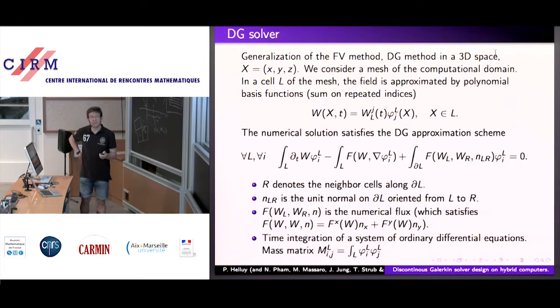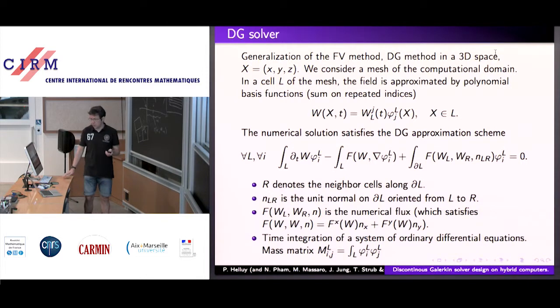And because I am lazy, I have not distinguished between W and its approximation. So no problem for me, I write this. And then the numerical solution of the scheme satisfies the DG approximation scheme that is written here.